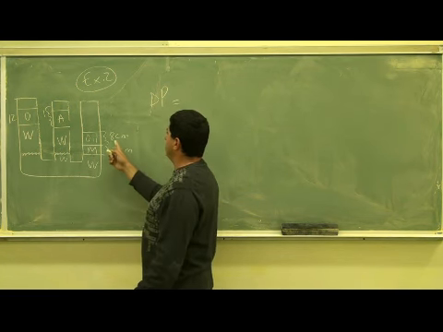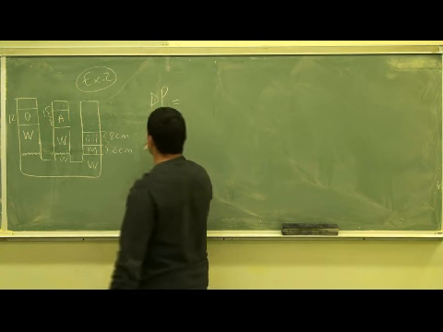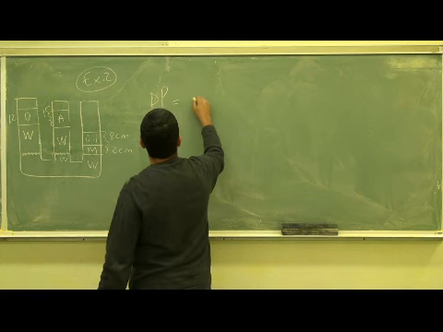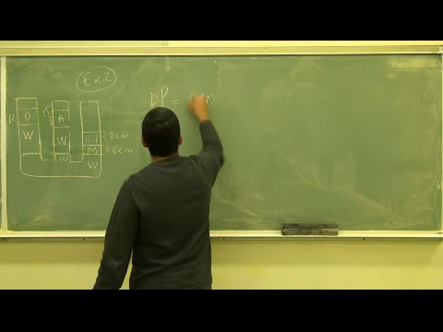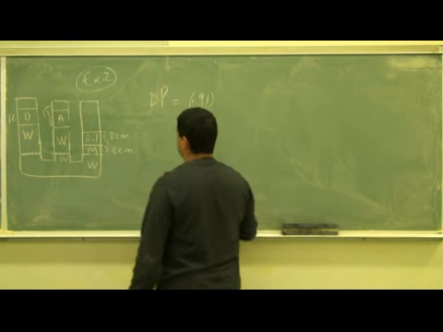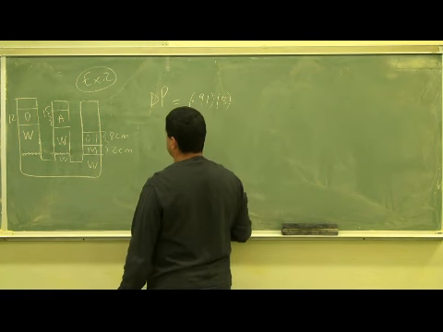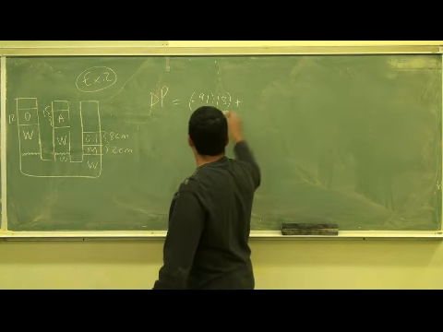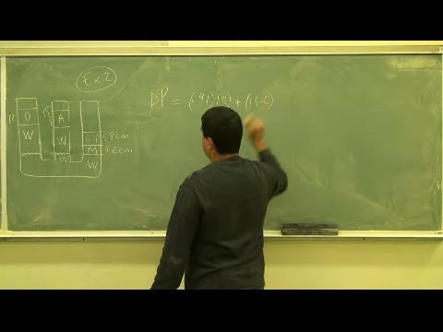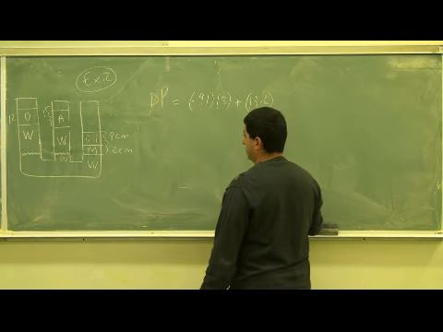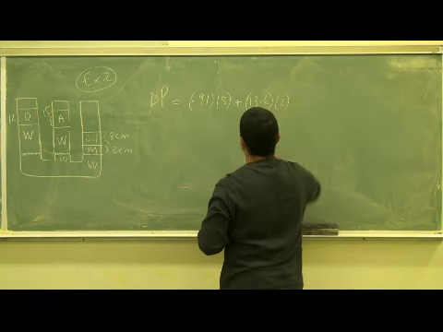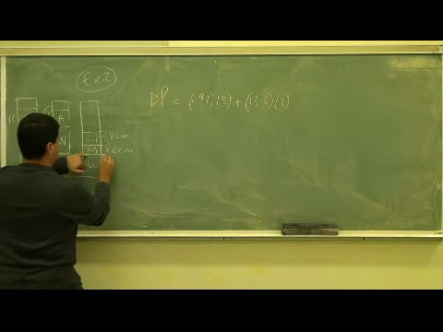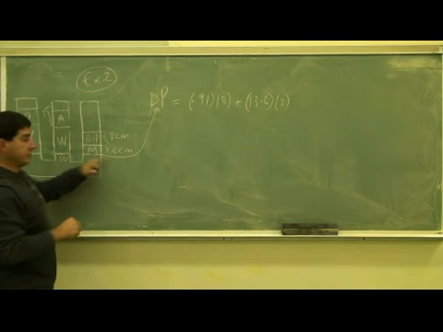That is going to be equal to the density of the oil, which was 0.91, times its height, which is 8 centimeters, plus the density of the mercury, which is 13.6, times its height, which was 2 centimeters. That is the gauge pressure at the water's level over here.